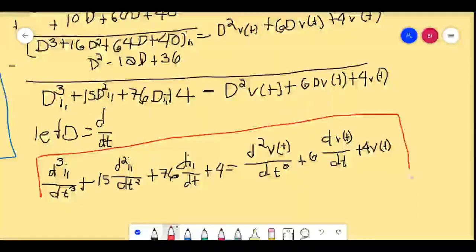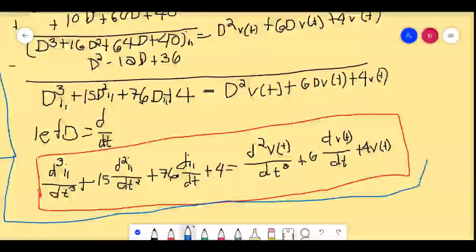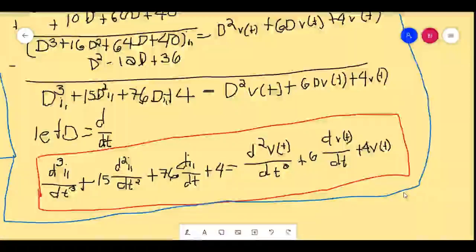So there you have it. This would now be our differential equation for I1. This would be the model rather, for our I1.